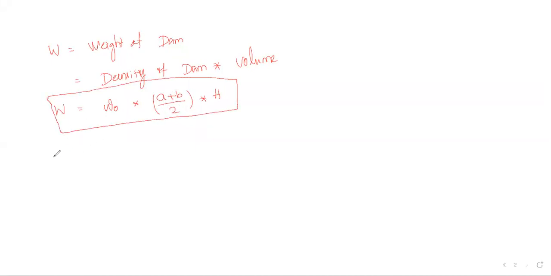Next we should move on to L. What is L? The length of the sloping side, that is AC. Here we can calculate up to the water level, so AE, which is subjected to water pressure.